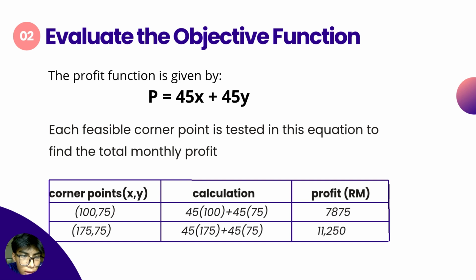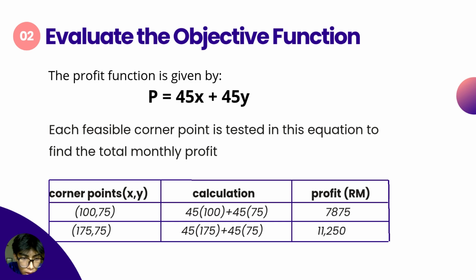Okay, the next step is we need to evaluate the objective function. The profit function is given by P equal to 45x plus 45y, and each feasible corner point is tested in this equation to find the total monthly profit.